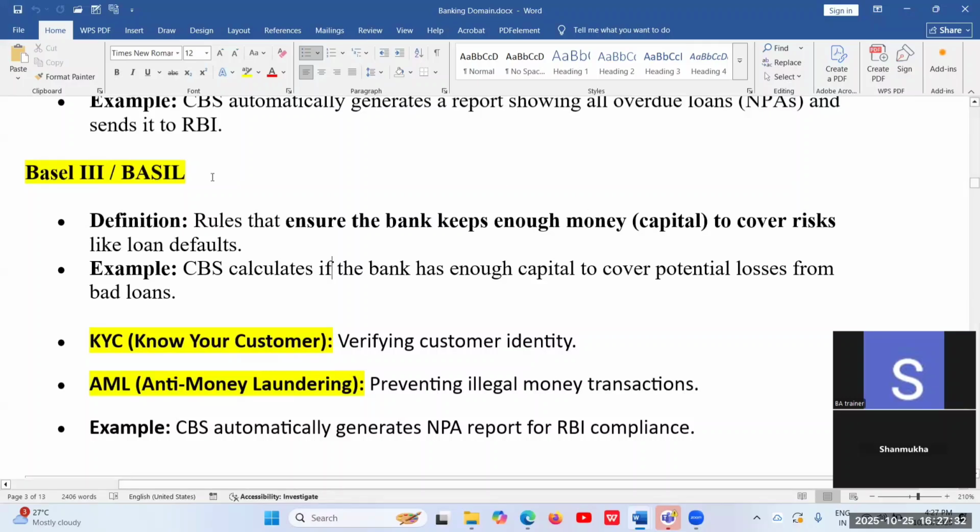That is called Basel. If any risk is going to occur, the bank has to keep a certain amount of capital money in order to mitigate the risk if anything comes. Okay, that is called Basel 3.